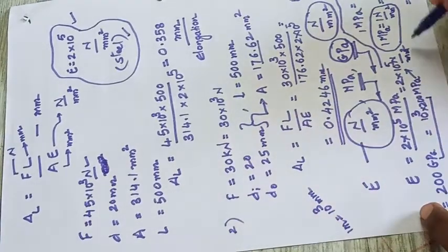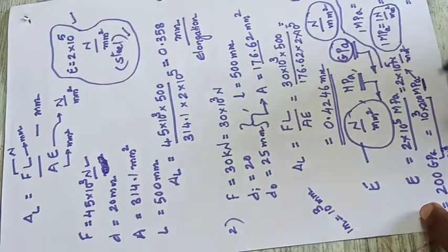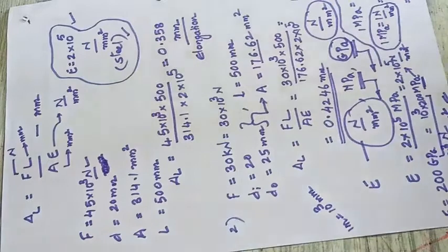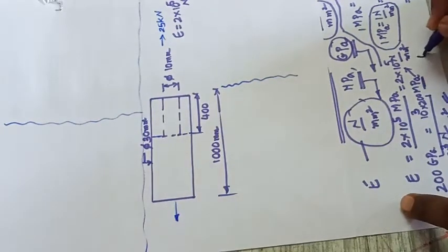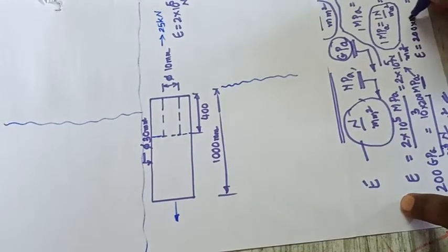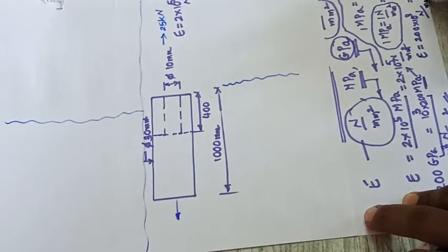Finally we have 200 into 10 raised to 3 MPa. Instead of MPa I will write Newton per mm square. So finally E is equal to 200 into 10 raised to 3 Newton per mm square. That's it.